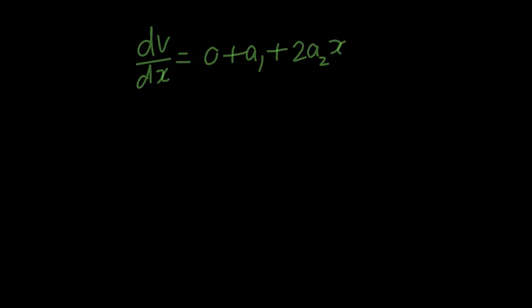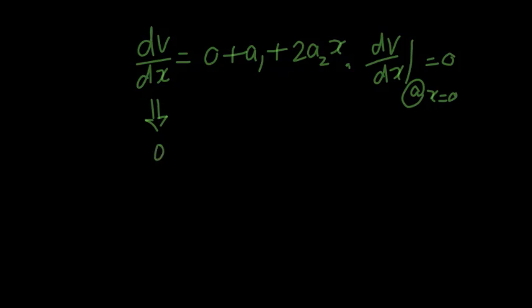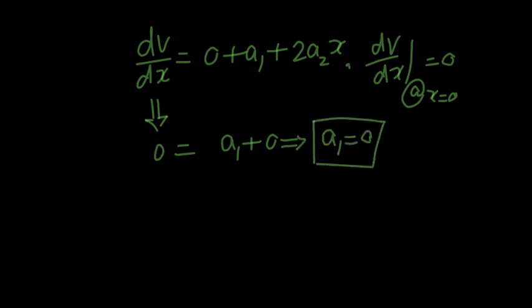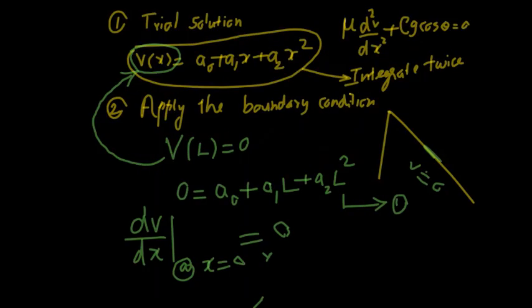And if you apply the boundary condition, which is dv by dx at x is equal to 0 is equal to 0, this term should become 0 is equal to a1, and this term x should become 0. So a1 plus 0 should immediately give us the value of a1 as 0. Maybe I can call this equation number 2.